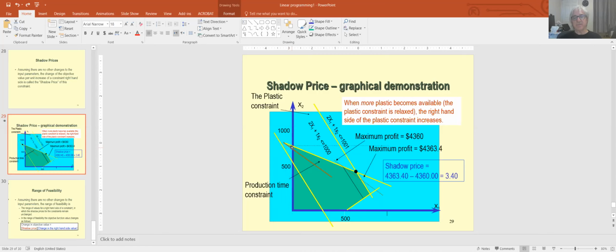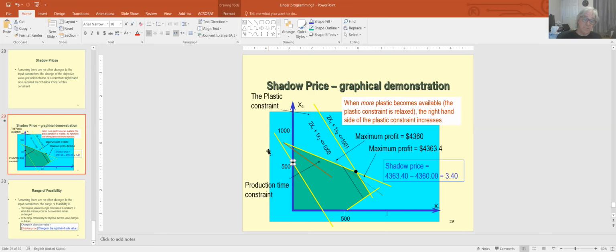It has to stay feasible. So from here, it will move down and stop here. So a new constraint became active, and it forces the profit to drop even more than $3.40 per pound.